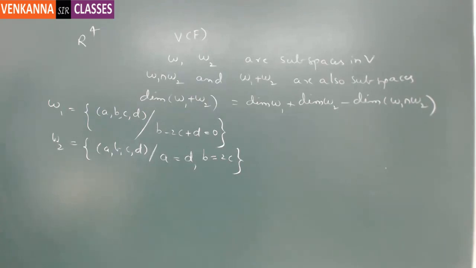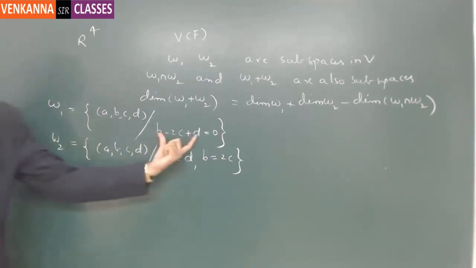So from the very definition of subspaces, we need to understand that W1 is nothing but set of all 4D points in R power 4 such that the coordinates b, c, d satisfy this equation.